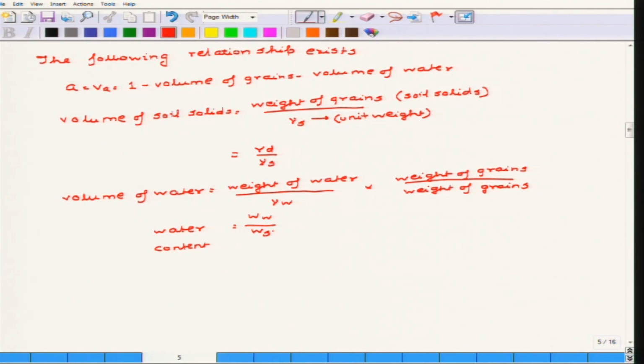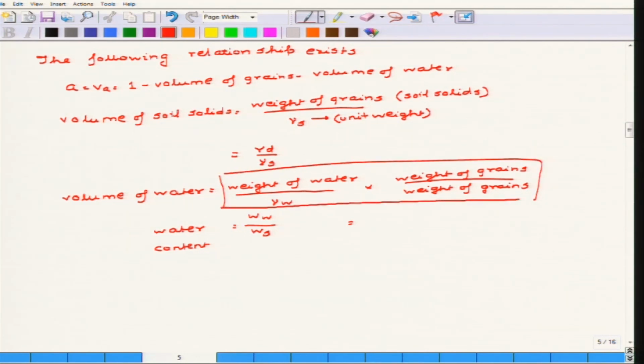The weight of the soil solids and the grains are same. So from this relation we can write WW by WS into WS by gamma W. Now this is nothing but the water content of the soil into WS by gamma W.